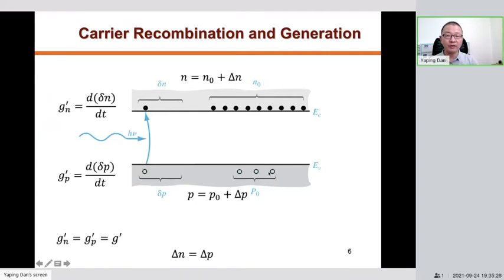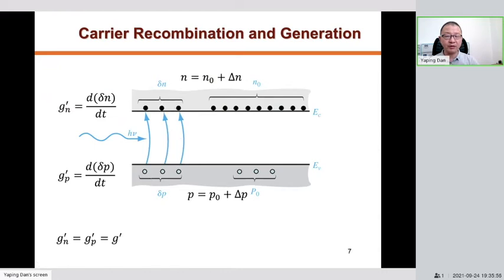Now suppose light illuminates this semiconductor, and the photon energy is higher than the band gap. In this case, an electron in the valence band can absorb the photon and be excited into the conduction band. So you create an excess electron in the conduction band, and at the same time a hole in the valence band.